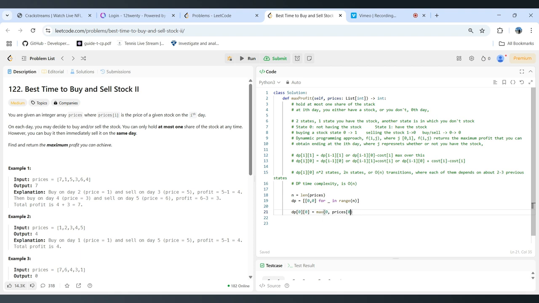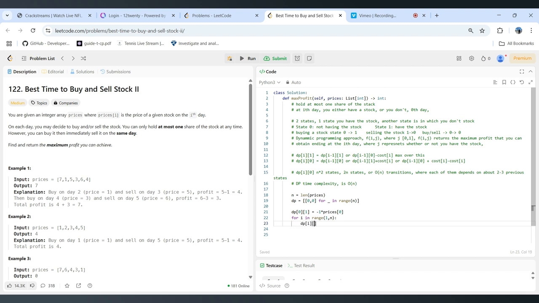Yeah, I guess. So it's still going to be 0 regardless. dp of 0, 1 is going to be negative 1 times prices of 0. And then we're going to iterate from 1 to n minus 1.